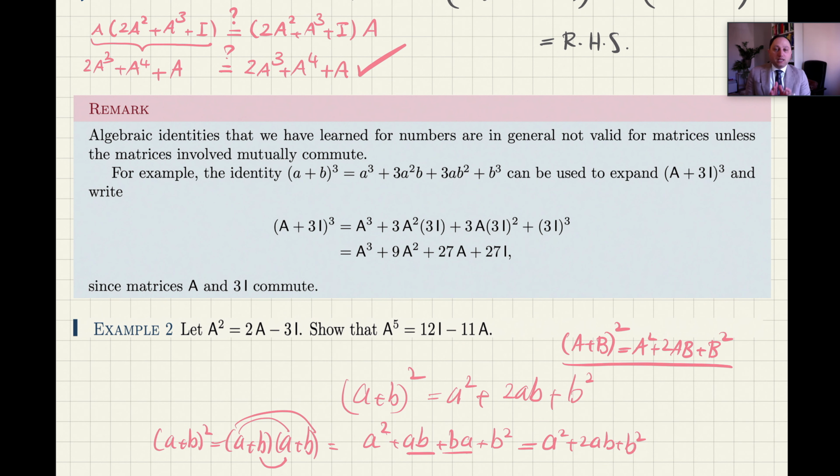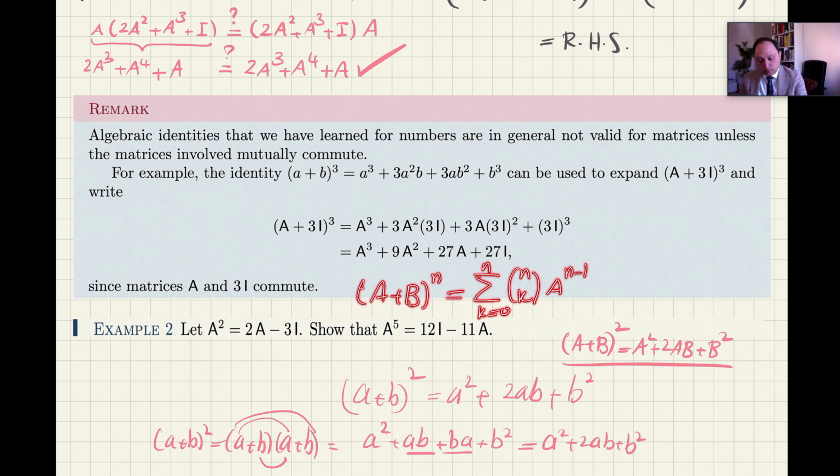So if you want to use algebraic identities, you have to be very careful that all matrices involved are commuting. If all matrices involved are commuting, then you can use exactly the algebraic identities. You can even use, for example, Newton's binomial theorem. So you can write (a plus b) to the n is equal to the sum, as we learned in Math 5, of n choose k times a to the n minus k times b to the k.